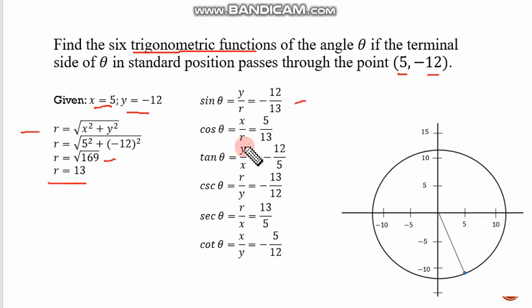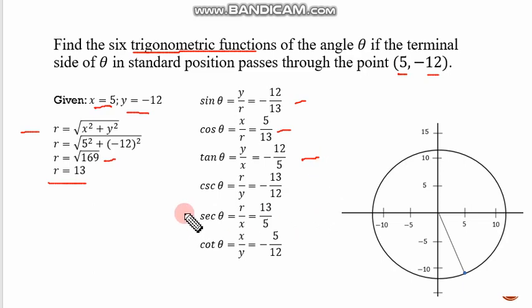Cosine is x over r. In our unit circle, our cosine is only x. But here, our radius is of course not equal to 1, so we should put our radius back. So x over r, so 5 over 13. Tangent is y over x. So y is negative 12 and x is 5, so negative 12 over 5.